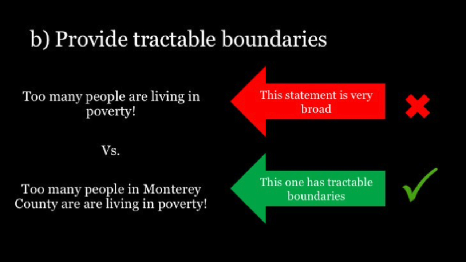But if you say too many people in Monterey County are living in poverty, then you're constraining it just to the county, and you're letting everybody know that your program is going to target Monterey County. So you have to be explicit and specific about who you are targeting for your problem analysis, and that's the same population that you're probably going to be helping with your program or policy.